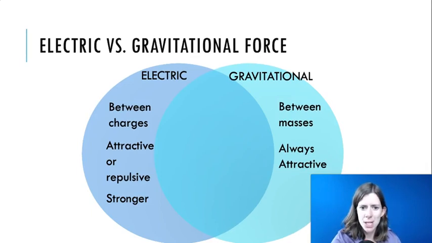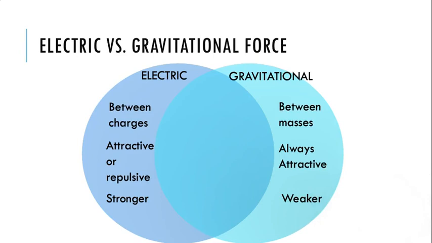The electric force is going to be the stronger force, and the gravitational force is going to be the weaker force. So we saw in Coulomb's law that constant k that came in that equation, F equals kqq over r squared.